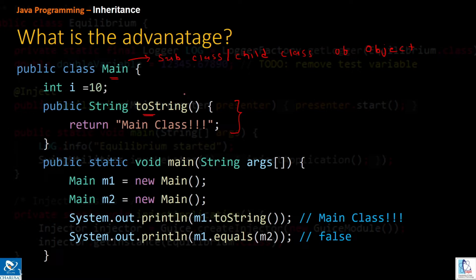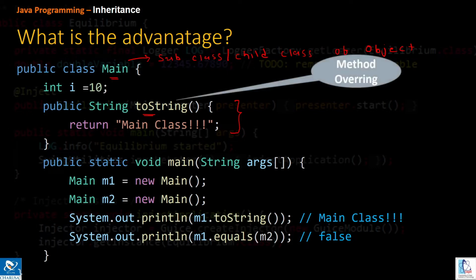So now here you would have a question: why do we require this? This is because, if we want to provide support for overriding, that is, if I don't like the implementation of toString which is there inside the Object class, then I will have my own implementation of that method in the subclass or the child class, and that particular thing is known as method overriding. So basically what we have done is, the toString method is already implemented in the Object class, and I am re-implementing it in the main class, right?